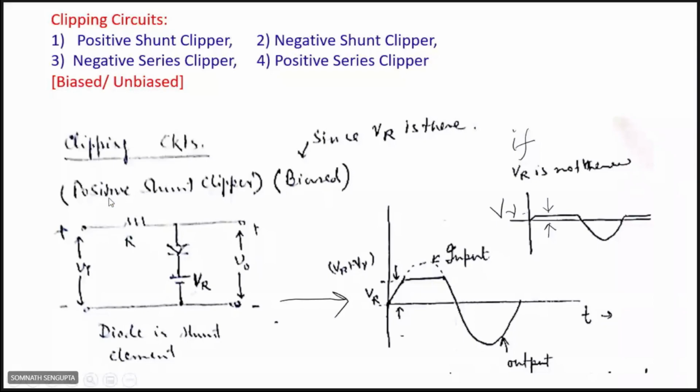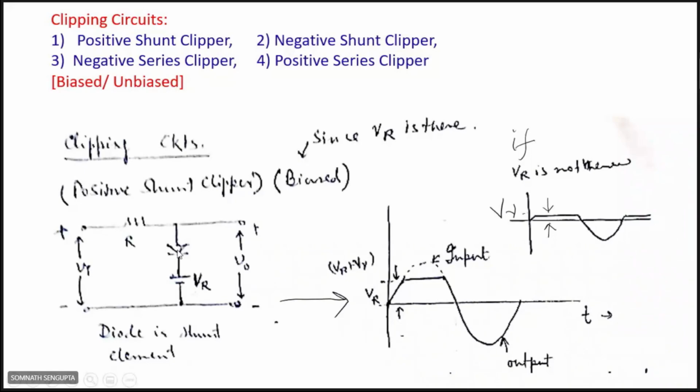First we discuss the positive shunt clipper. Positive means if the input signal is a sine wave, a sinusoidal signal, it has both a positive part and a negative part. If we clip the positive part, meaning we remove the positive part of the signal, then it is called a positive clipper. And it is a shunt clipper if the diode is in shunt position, shunt across the output, meaning in parallel.